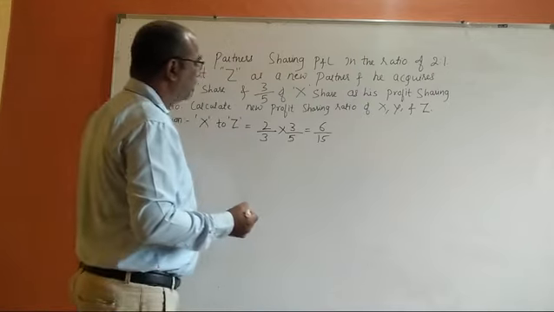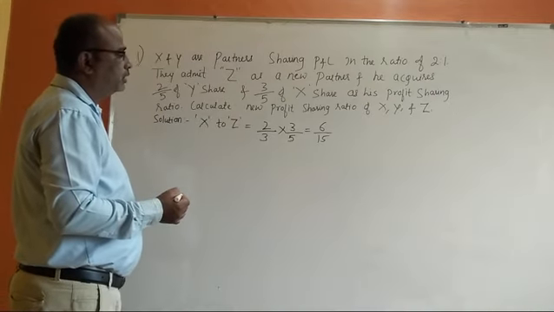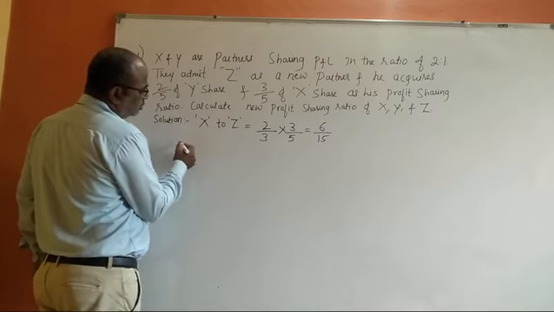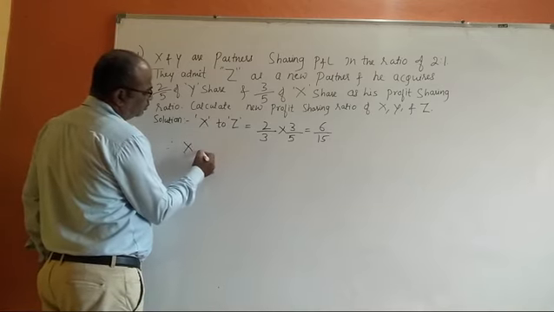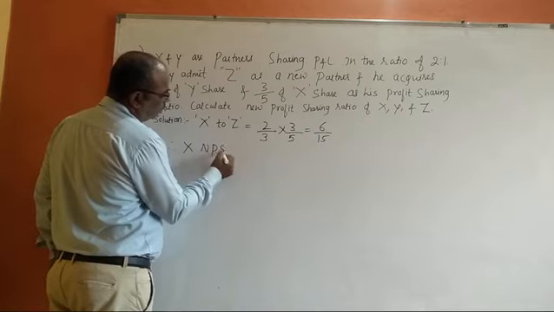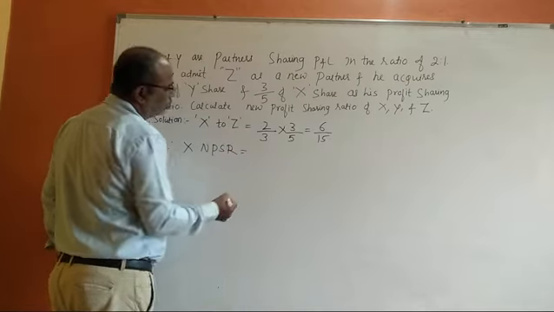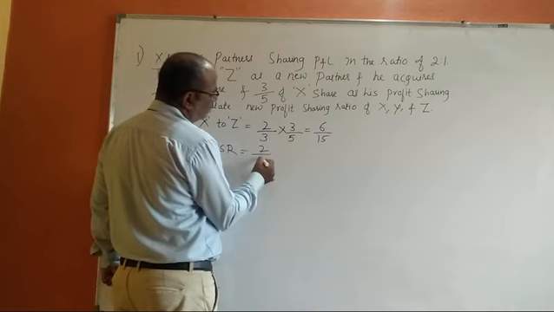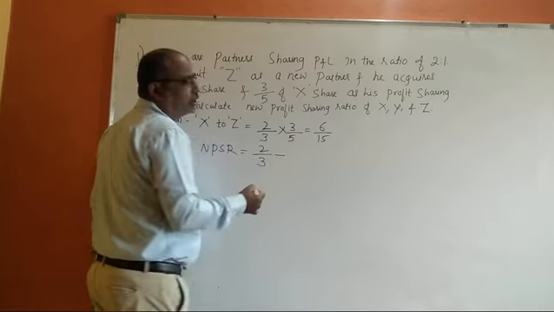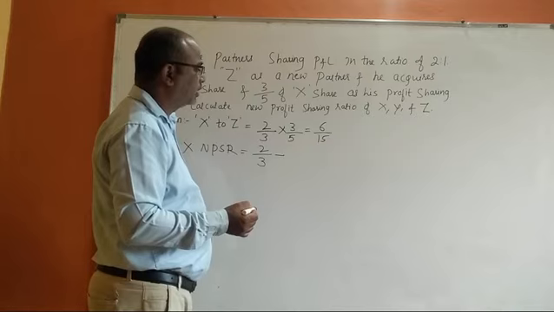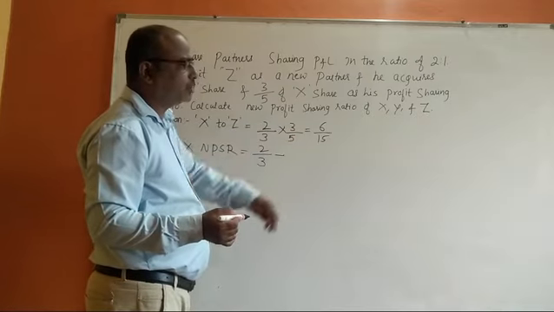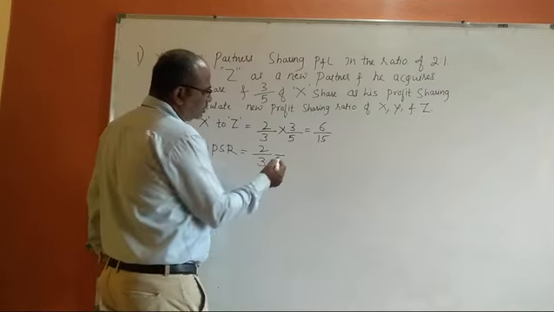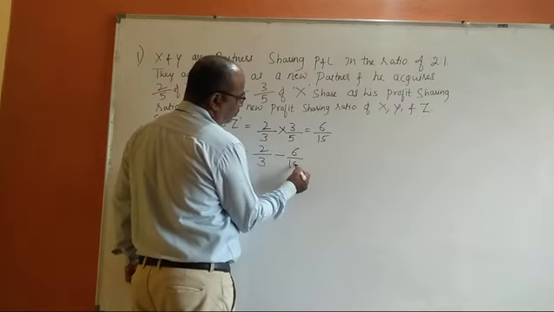So X is giving 6/15 to Z. Therefore, X's new profit sharing ratio equals his old ratio, 2/3, minus his sacrifice ratio. His sacrifice ratio means how much he has contributed or given towards the share of the new partner, 6/15.